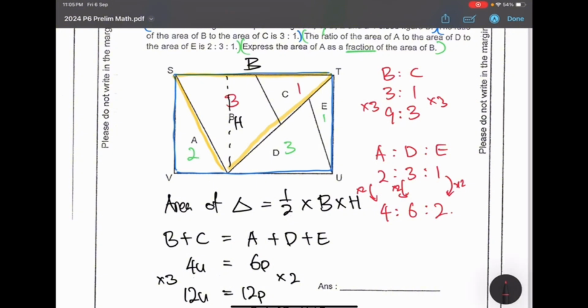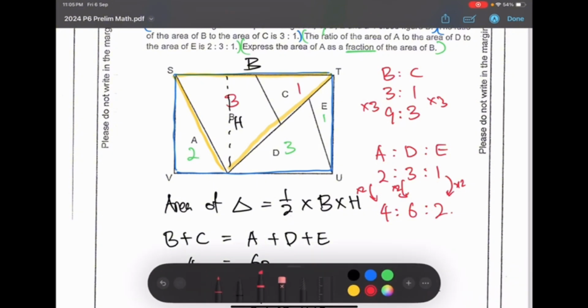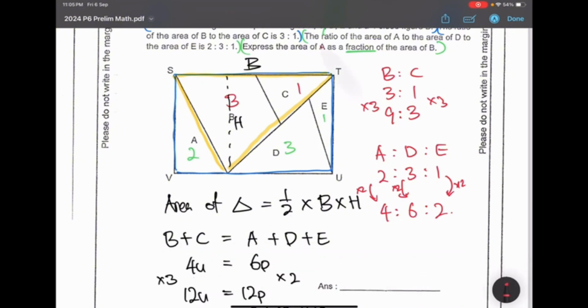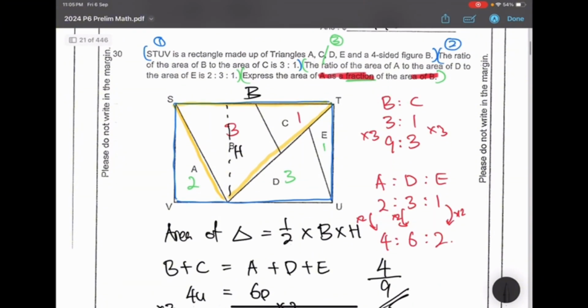Alright, now let's look at the question once again. What are they asking us? To express the area of A as a fraction of the area of B. What I can do is just look at A. A, I have 4 units over B, which is 9 units. And this is my answer for question 30.